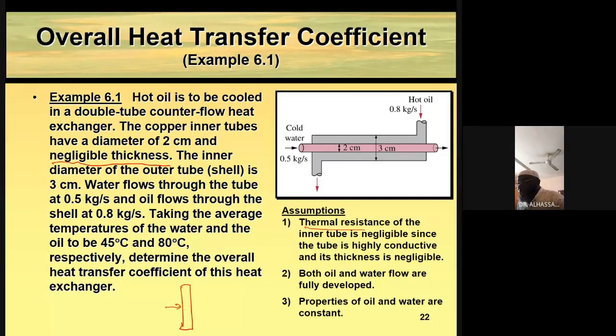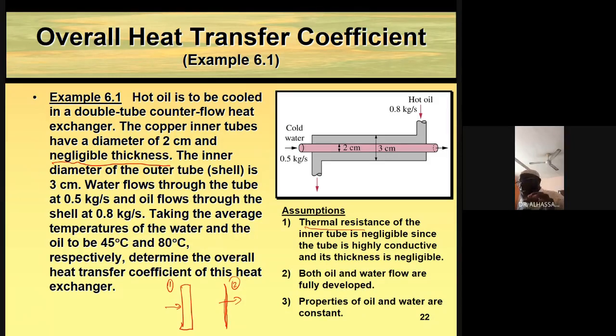But if we have one that is very thin like this, the first one is going to resist more heat flow compared with the second. This will readily allow the heat to pass through. So we are considering a situation like this where the thickness is very thin.